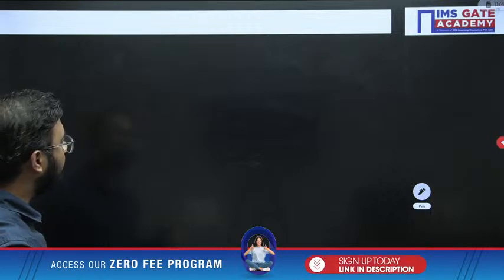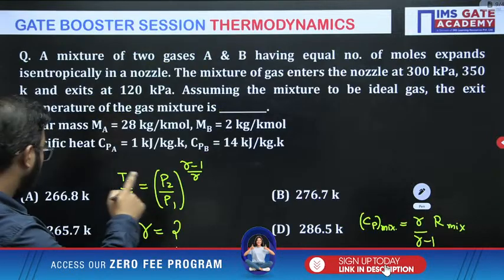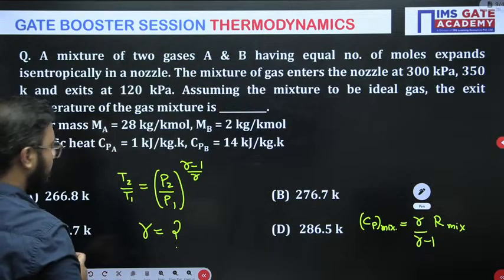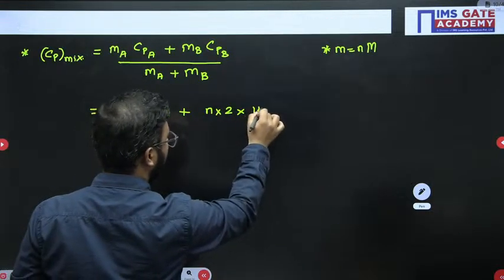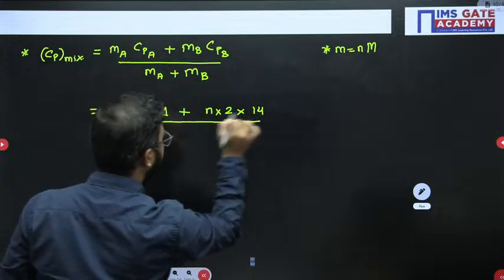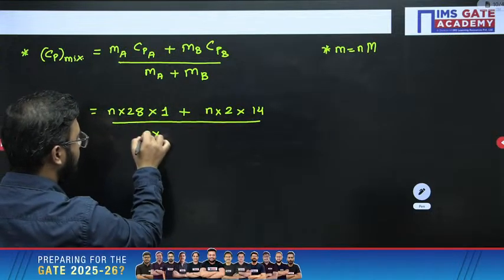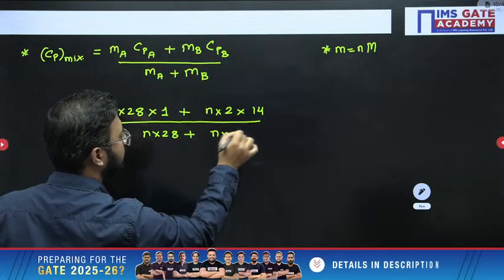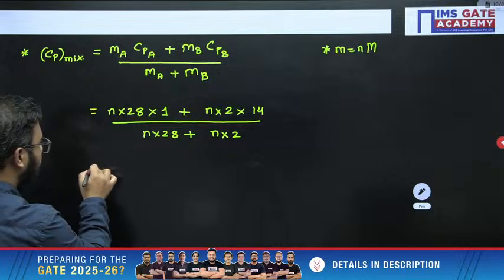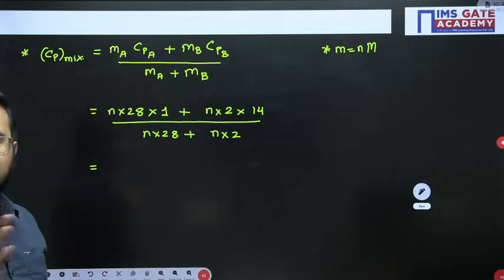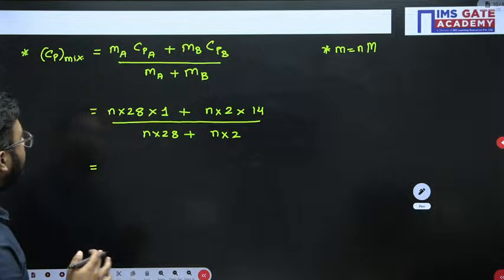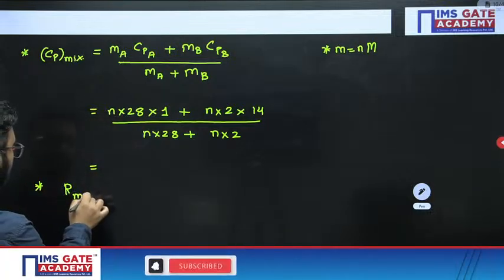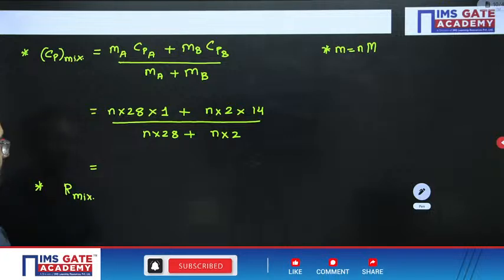What is the molecular weight of gas B? 2, into the specific heat of gas B, that is 14, divided by n into 28 plus n into 2. So from here you will get the answer for the specific heat of the mixture. In a similar way, you have to calculate R of the mixture.